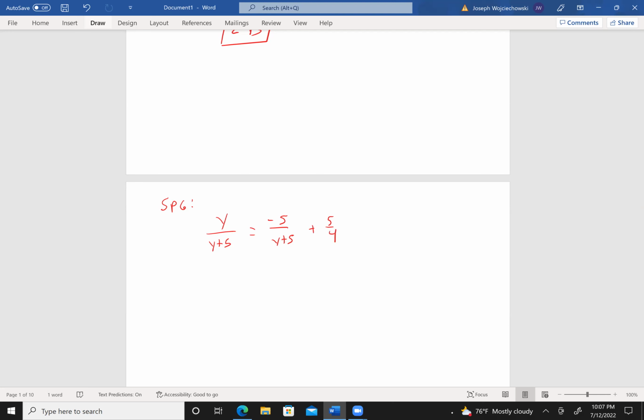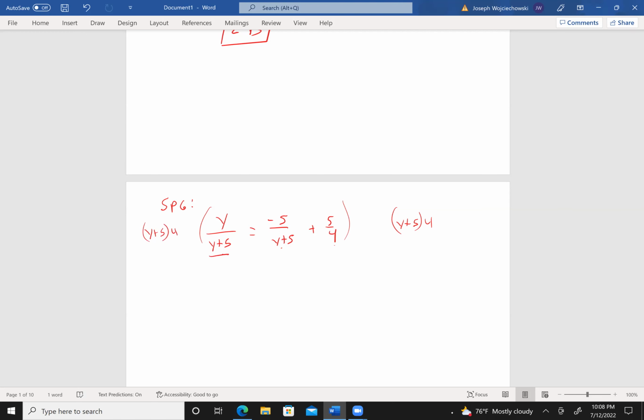So what is my common denominator? Well, I see this y plus 5 here. That covers this, and then I have this 4 here. So what I'm looking to do is multiply everything by y plus 5 times 4.